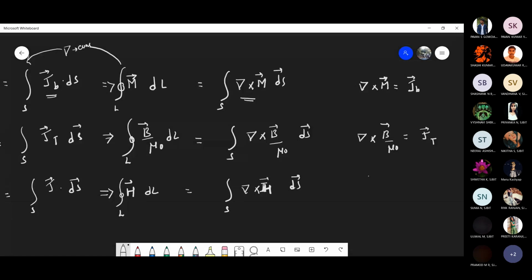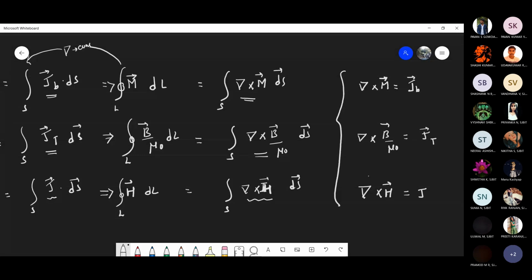This was H, right? So can I write curl of H is equal to J? I am equating the surface integrals: curl of B by mu naught is equal to J_T, and curl of H is equal to J.